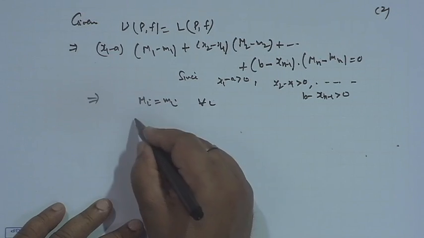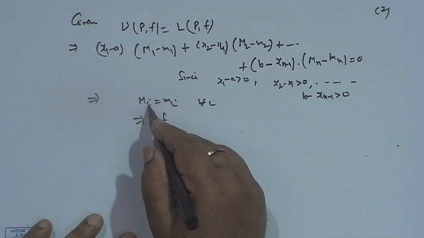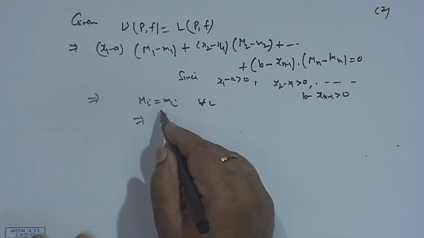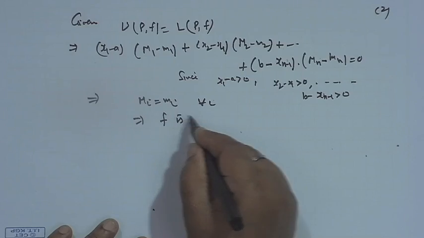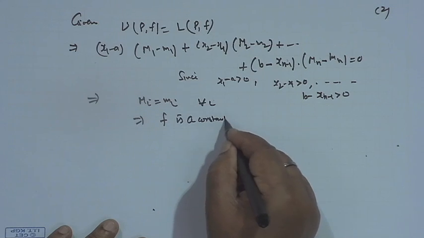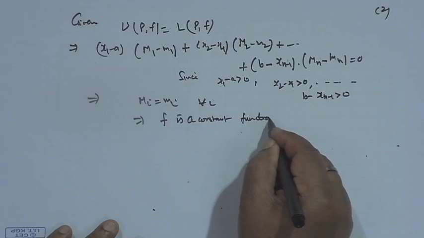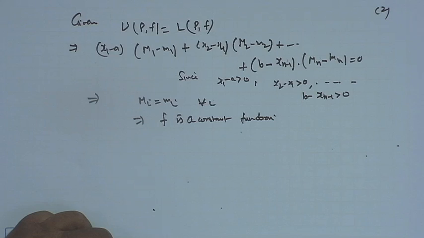It means the function f has the same maximum value and minimum value throughout any subinterval. So, f is a constant function. That is what we wanted to show.